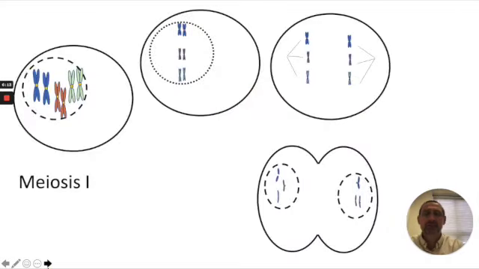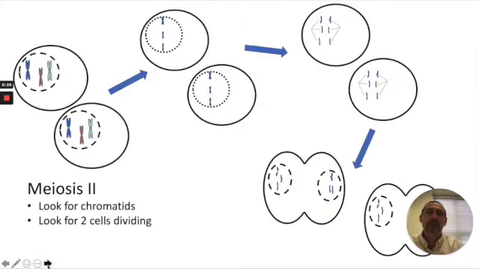So here's meiosis 1 again, and we're looking at these pairs of homologous chromosomes as they go through prophase, metaphase, anaphase, telophase. In meiosis 2, we are looking at two cells that are dividing simultaneously because our end result is going to be 4 cells. So notice that we have the sister chromatids in each of the nuclei of these cells that are in prophase 2.